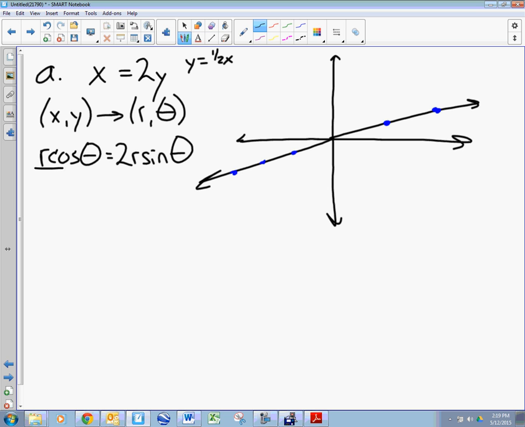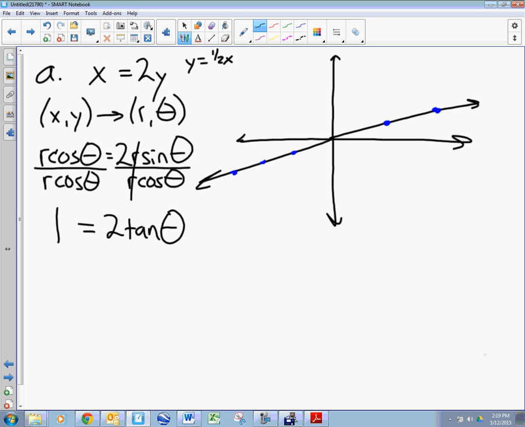I'm going to divide both sides by r cosine of theta to combine and simplify some terms. What is r cosine over r cosine? 1. The r's cancel here. What's sine over cosine? So you get 1 is equal to 2 tangent theta.